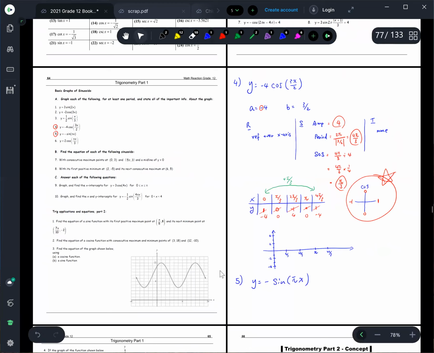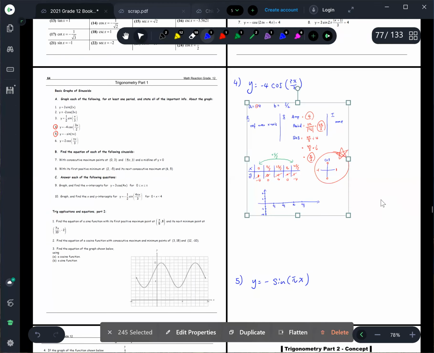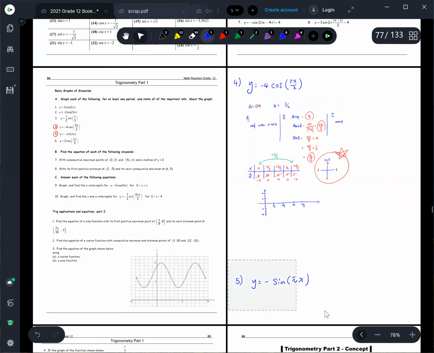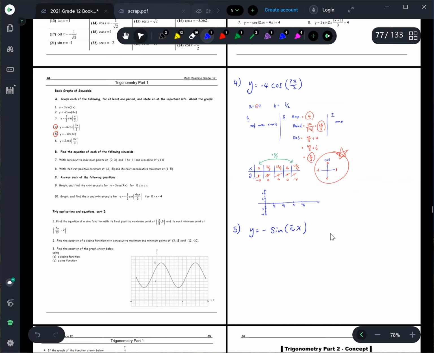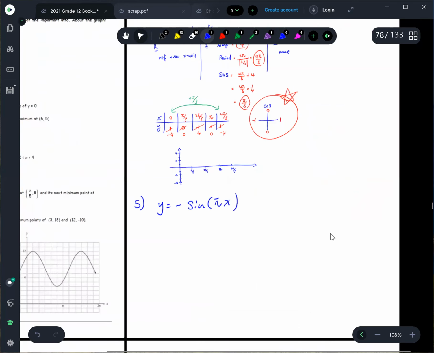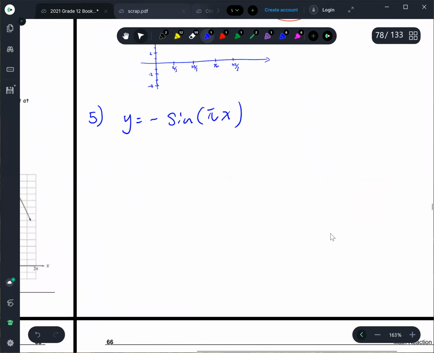Okay, let me shrink the top part. Does anyone have a question about number 4? Okay, we'll look at number 5.